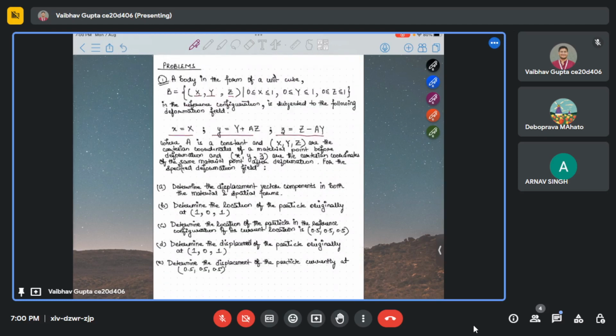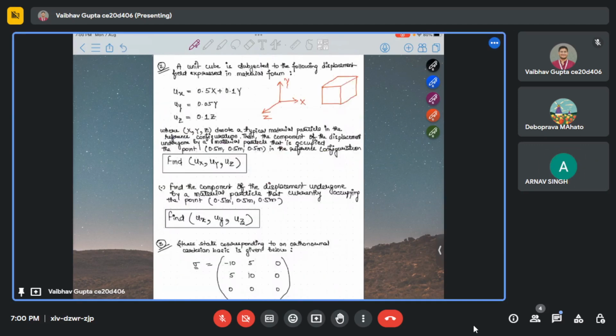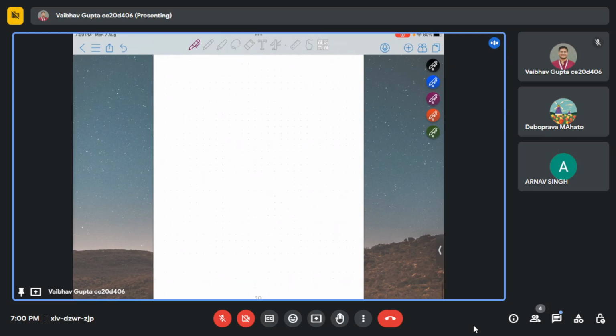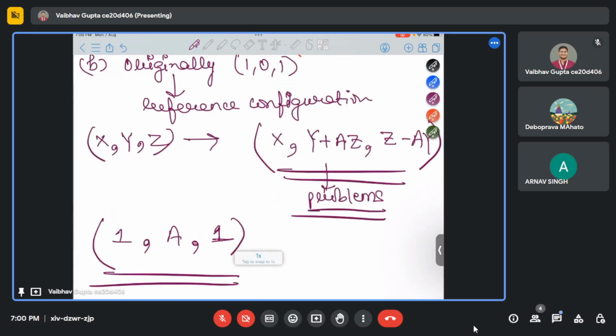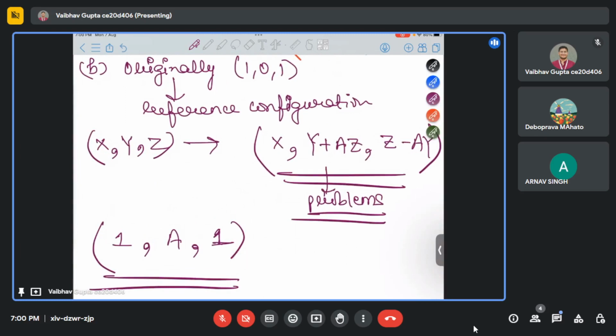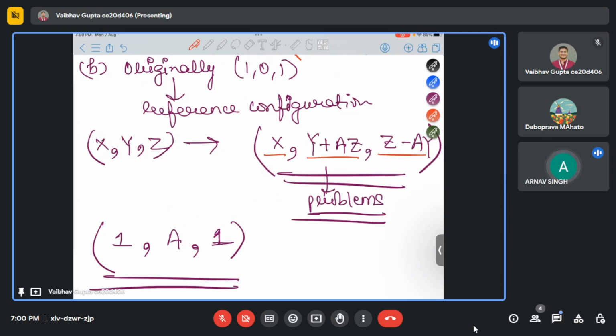In the reference configuration, the position of our particle is capital X, capital Y plus AZ, capital Z minus AY. This is what is given in the question.